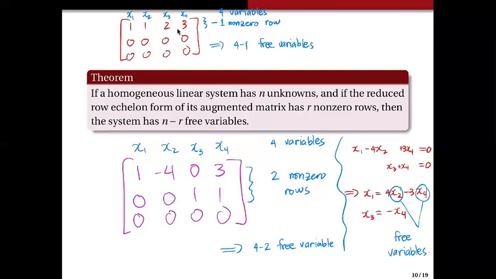If we convert this to an equation, we have x1 plus x2 plus 2x3 plus 3x4 equals 0. We just have one equation because this row is just 0, and this row is just 0. We can write x1 in terms of the other variables. So x1 equals negative x2 minus 2x3 minus 3x4.